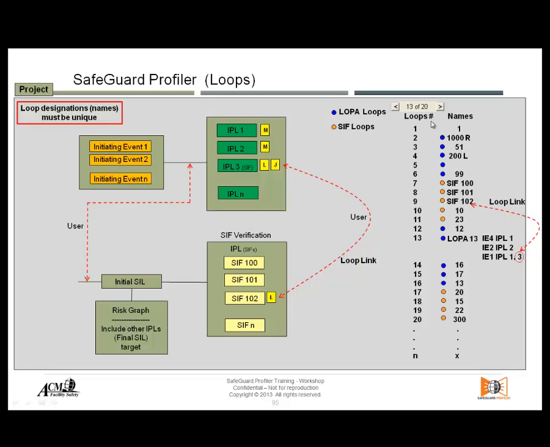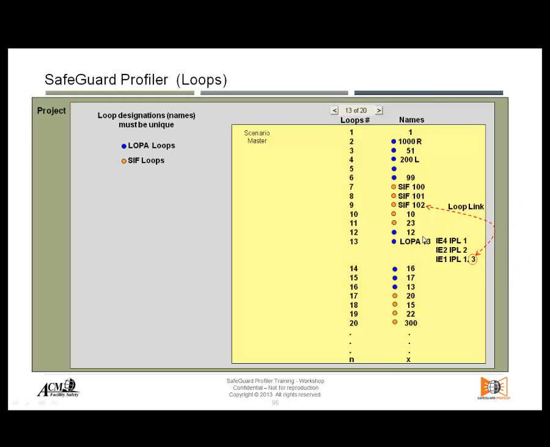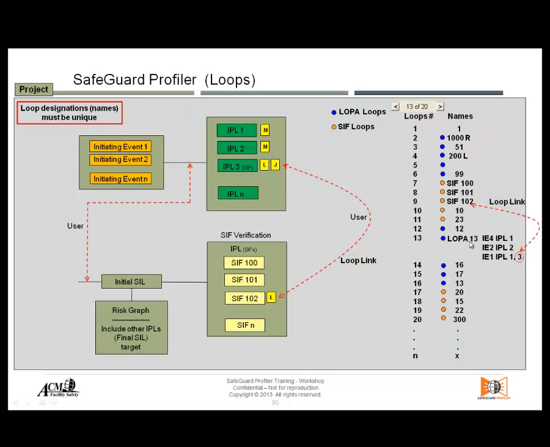It is important to notice that inside SafeGuard Profiler you have all these loops that we were talking about, for example, in this case 20. So we have 20 loops, and the loop we're looking at this moment is loop number 13, which is 13 out of 20. In this case it is a blue loop.